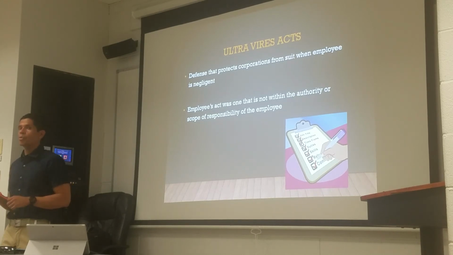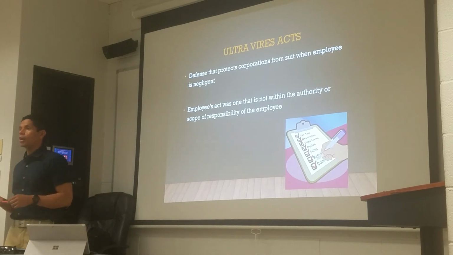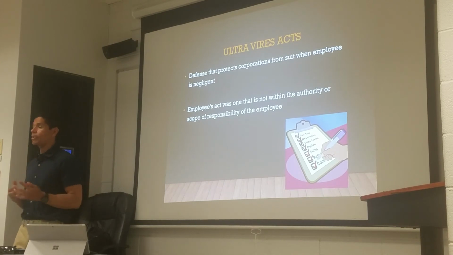So just to recap where we are so far with the defenses, we have seen that there are three bodies of law in which a defense against negligence can be framed. What are those three bodies of law? Common law, contract law, statutory law.